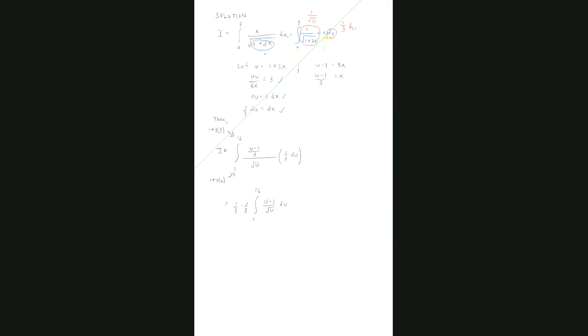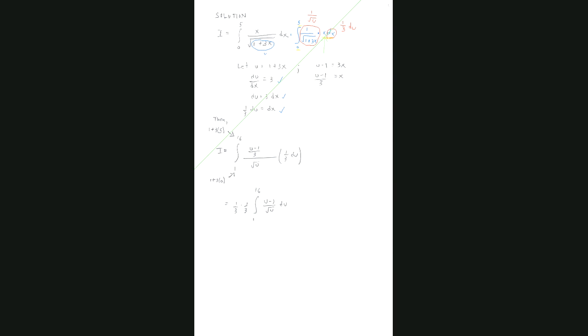Don't worry about the glitch on the screen. So I have to solve for x in terms of u. Ignore that big line segment.